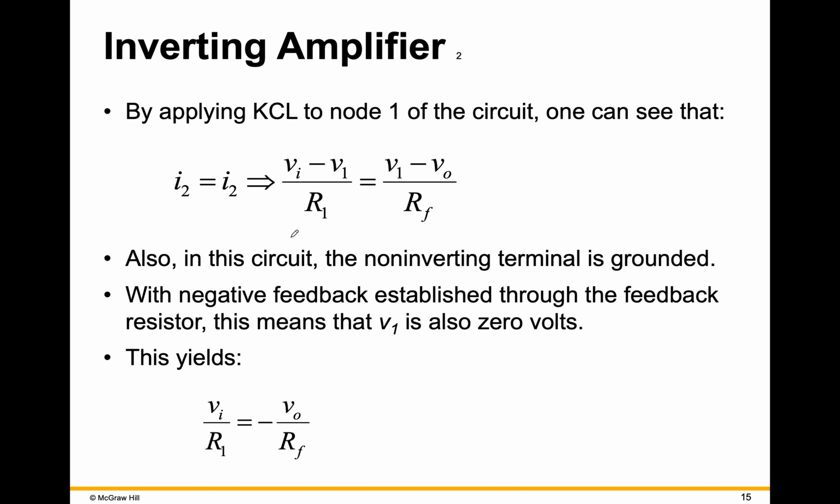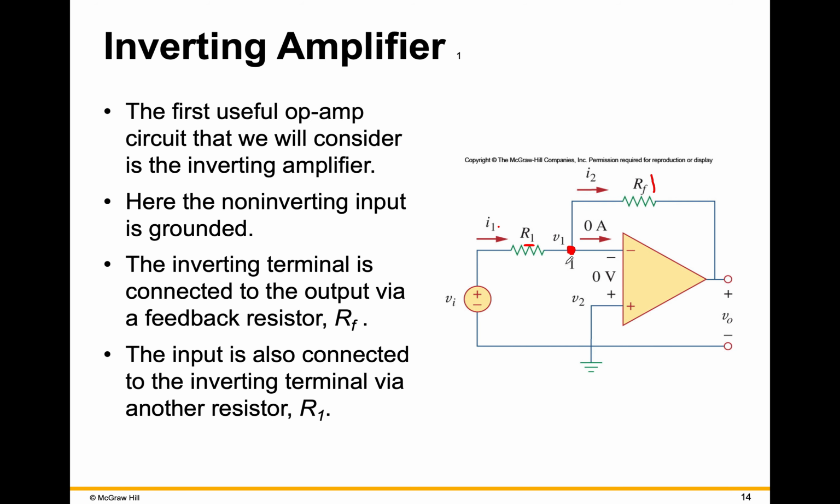All right, so here's that equation we just talked about looking at the circuit. And so if you recall, let's come back here and look at our figure again. This voltage V1 is connected here to this terminal.